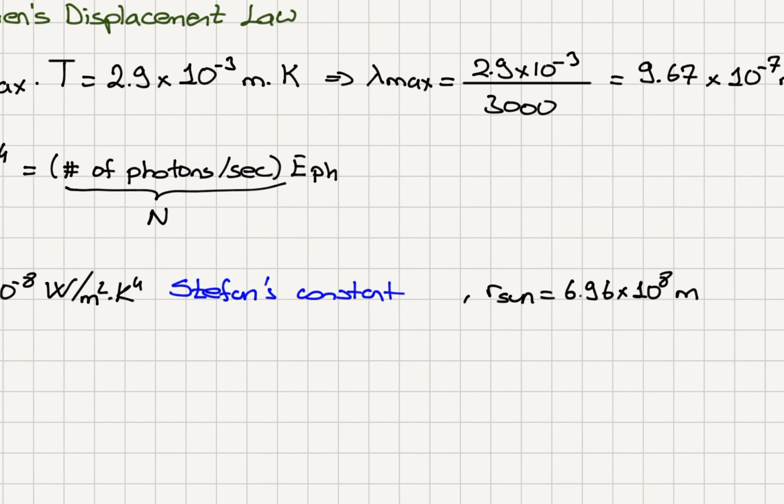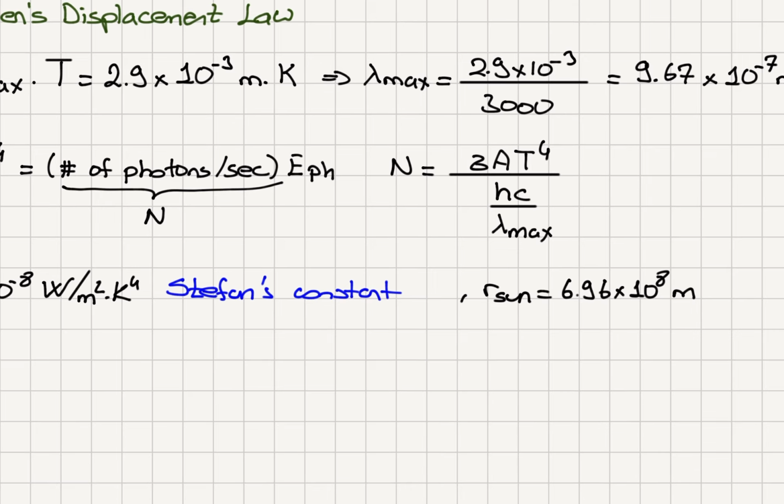So we can see that capital N is Stefan's power, sigma A, surface temperature to the fourth power, divided by hc divided by lambda, but here we're looking at the maximum intensity wavelength.